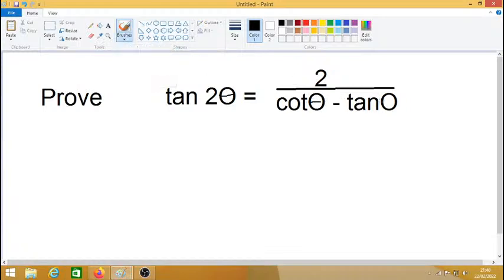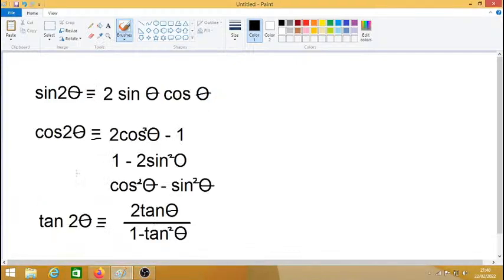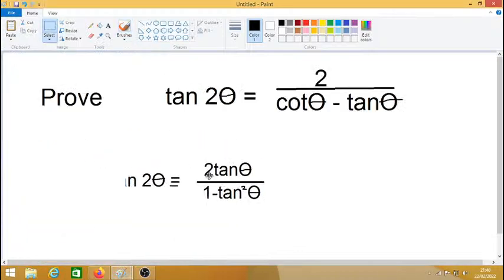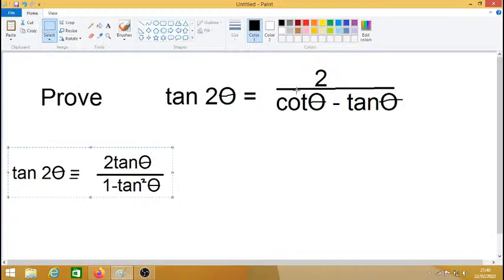So let's see if we can use what we just learned in the previous screen to help us. So we've got the standard tan 2 theta identity. Let's grab a copy of that and bring it onto this side. We're trying to prove that tan 2 theta is identical to 2 over cot theta minus tan theta.